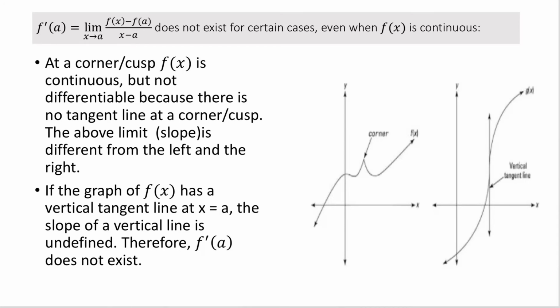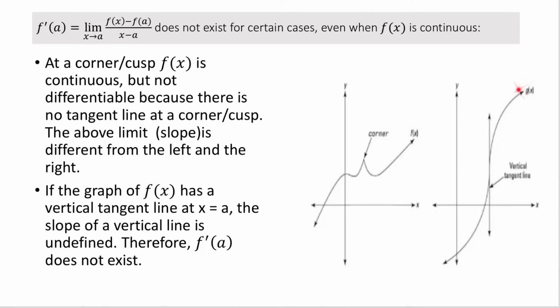All right, so that's this bullet point here. At a corner or a cusp, f of x is definitely continuous, but it's not differentiable because there's no tangent line at that corner or cusp. You're coming in this way, you're coming in this way, but you never meet at one tangent line at that peak. All right? So the slope is different from the left and the right.